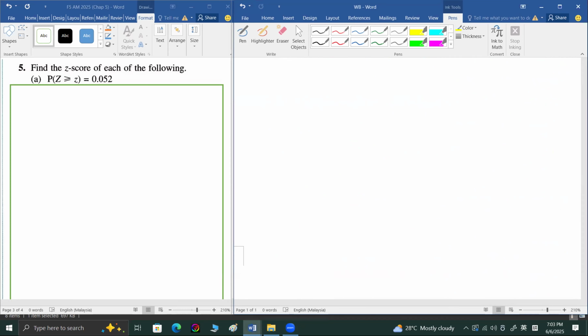So class, if you have this type of question, see how I sketch the region. Remember I said just now the bell, the bell of probability.